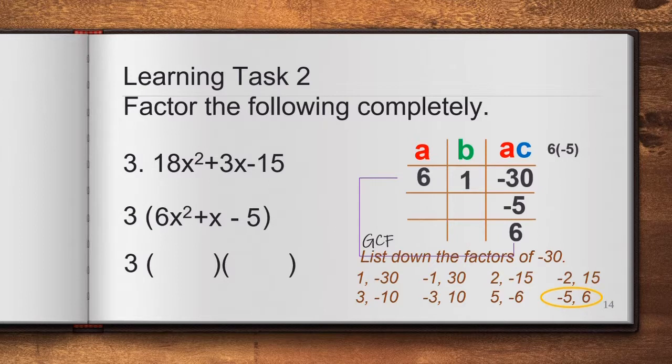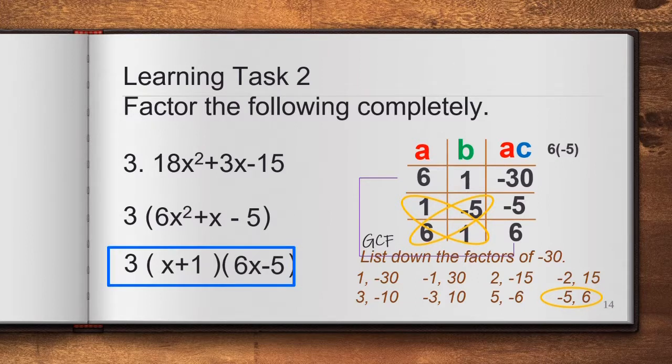Afterwards, magdi-divide ulit tayo. 6 divided by 6 is equal to 1. Then, negative 5 divided by 1, negative 5. 6 divided by 6, positive 1. So, dyan na tayo kukuha ulit ng factors. Yan yung unang pair, that's x plus 1. And yung sumunod na pair, 6x minus 5. Those are the factors already.